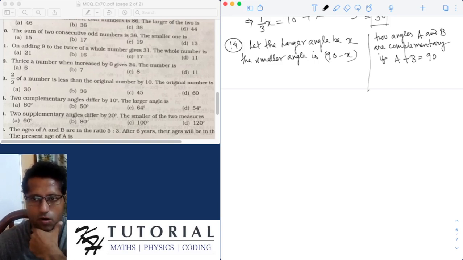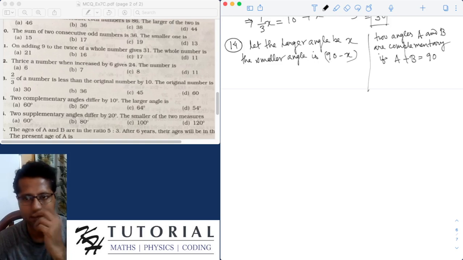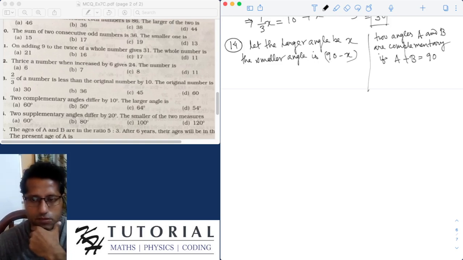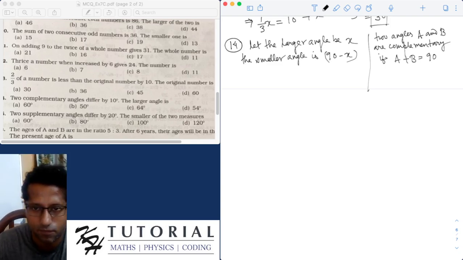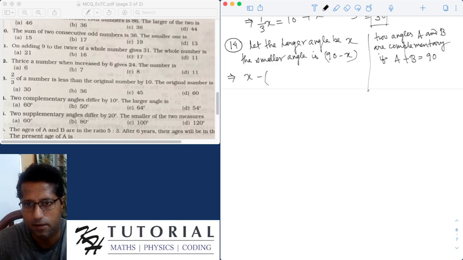Okay, so we have got the angles as 90 minus x and x in terms of the variable. Now it is also given that the difference of the larger angle and the smaller angle is 10 degrees. Utilizing that fact, we can form the linear equation. The larger angle is x, which we have assumed, so the difference of the larger angle and the smaller angle is x minus (90 minus x).